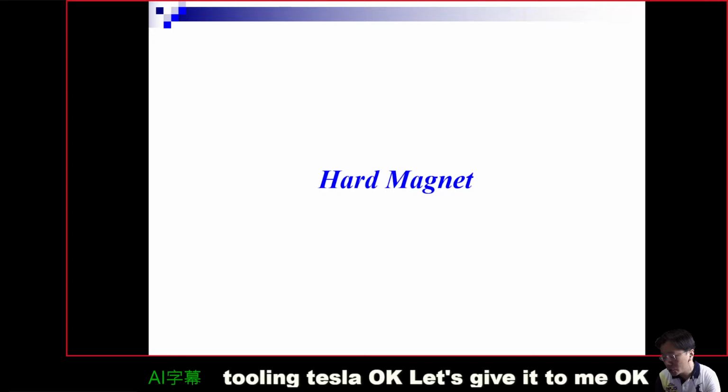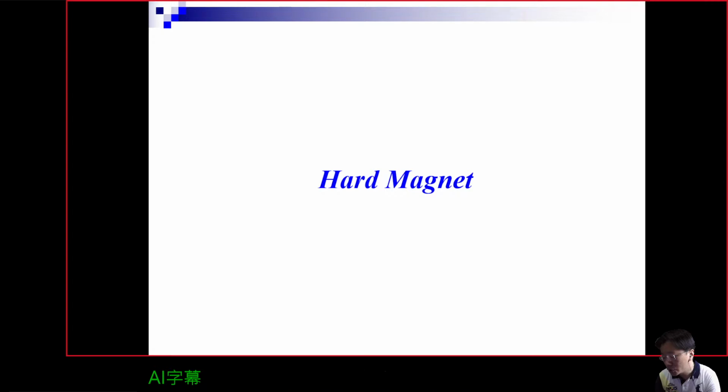Okay, so that's at the beginning. We let you know how to measure the magnetic field. And in the next section we are talking about the hard magnet.